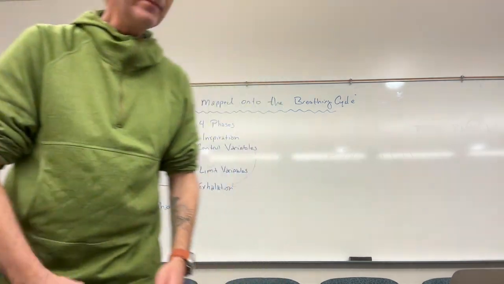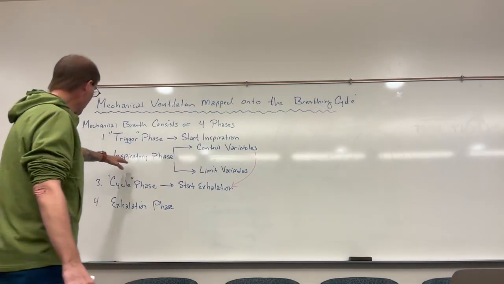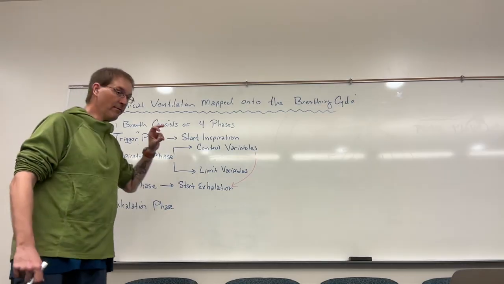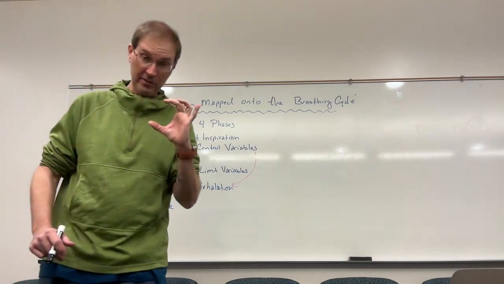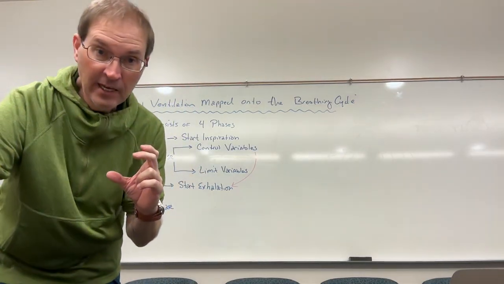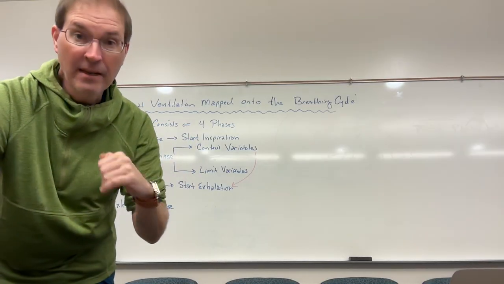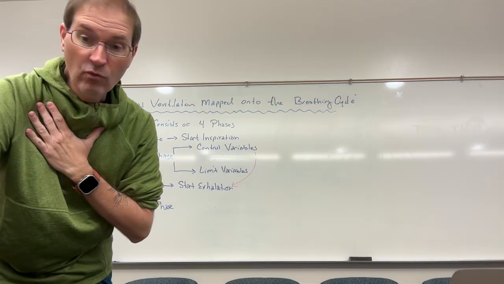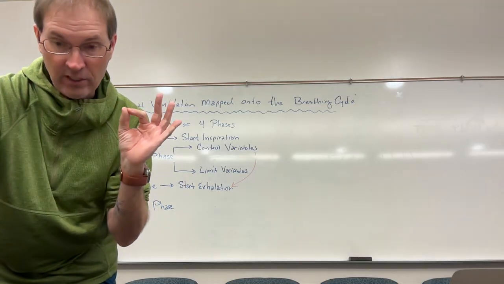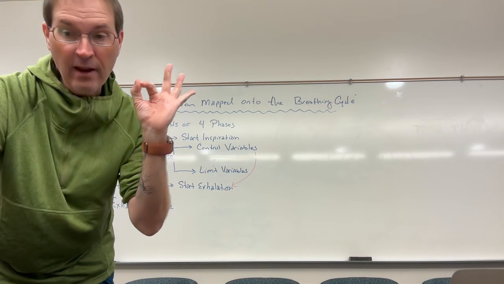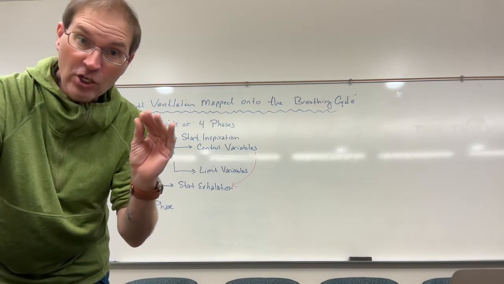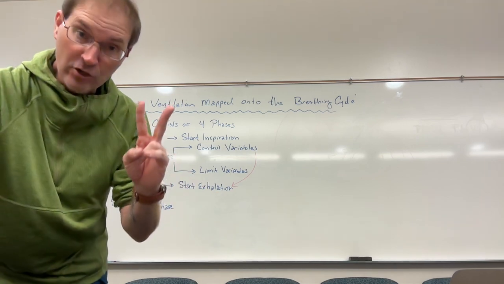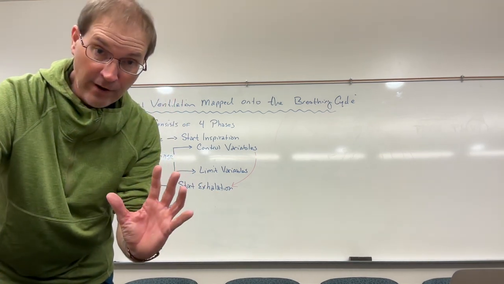Now, within the inspiratory phase, mechanical ventilators have a variety of variables that we can essentially set. There are certain variables the ventilator can control during the inspiratory phase. And there are two major categories of variables.